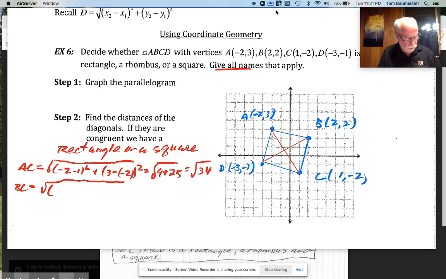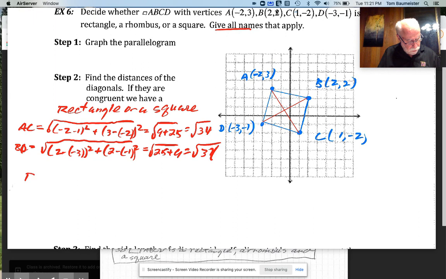So on this one here, for the length of BD, not BC, BD, excuse me, we're going to have 2 minus a -3 squared plus 2 minus a -1 squared, which in this case will give us the square root of 25 plus 9, which will again give us the square root of 34.